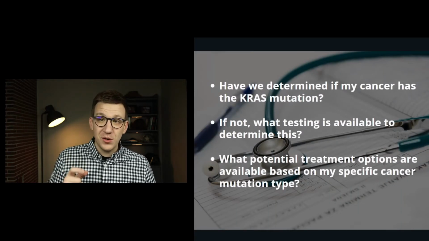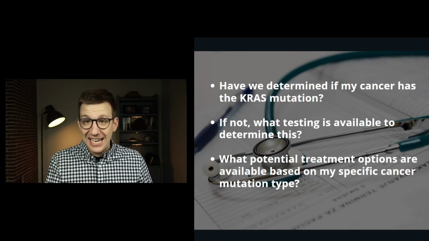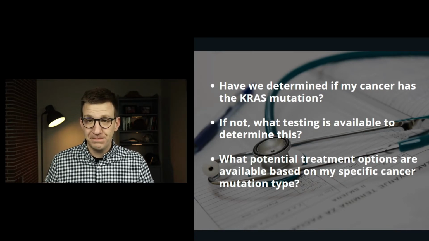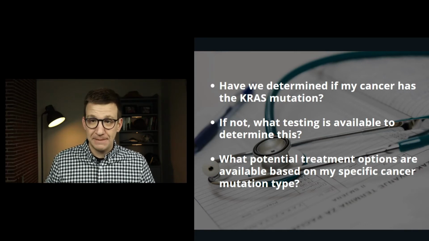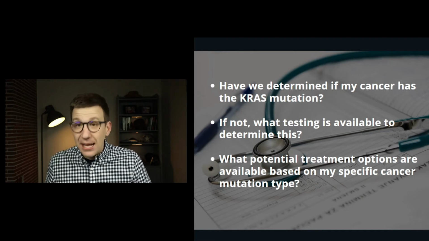So the first question you can ask your doctor: have we determined if my cancer has the KRAS mutation? Just let that question sit. You want to understand, have they done the testing? Are they able to do the testing?